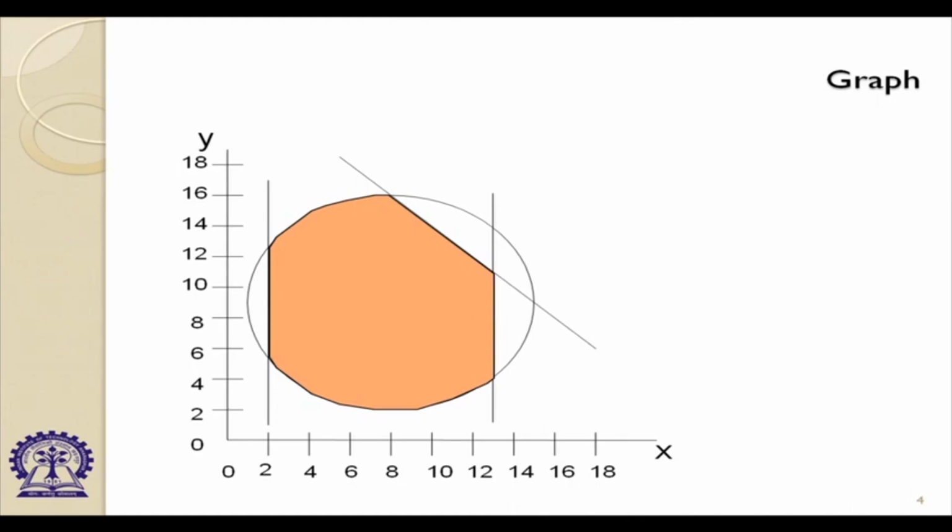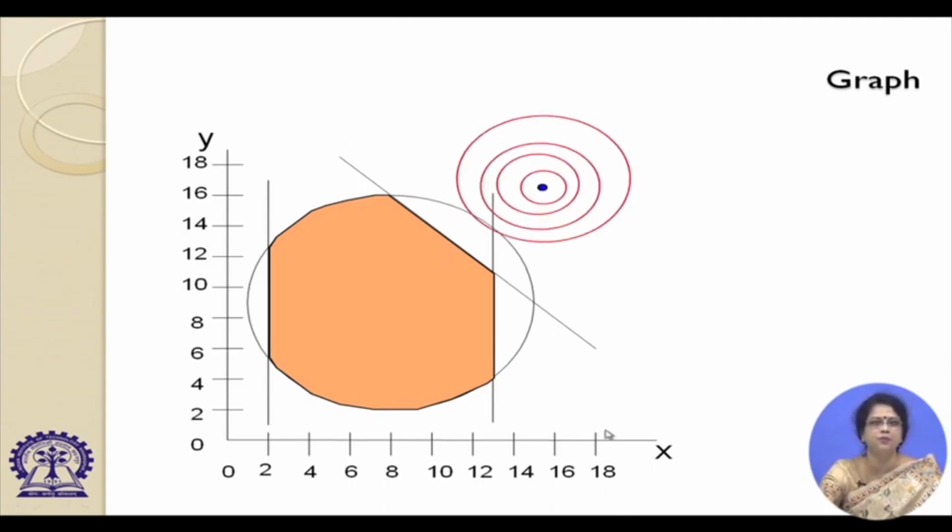Now, let us consider the objective function. The objective function is centered at 14, 15. That is why this is the center of the objective function, and you see these red circles are the contours of the objective function. That means the objective function is moving forward.